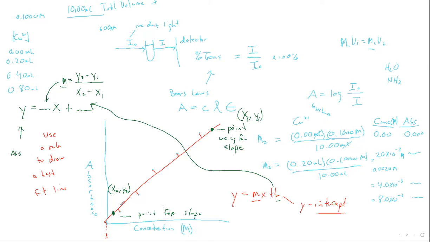So now that we have this, we've generated a standard curve by doing this work over here. So what we've done, we've generated a standard curve for the solution. And now we can take an unknown absorbance, and then we can tell you what the concentration is, because now we've generated a standard curve. Does that make sense?